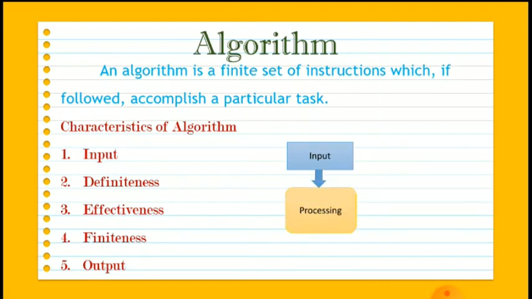Definiteness, effectiveness and finiteness come under the processing operation, and output comes under the output operation. So when you write any algorithm, there must be input and that input must be processed in processing and it should give the required output.